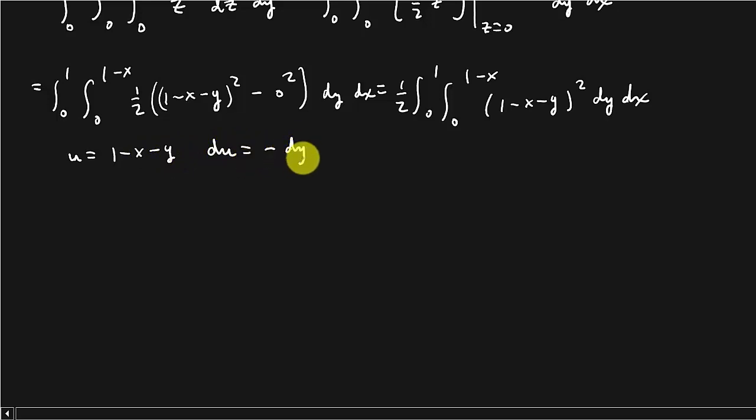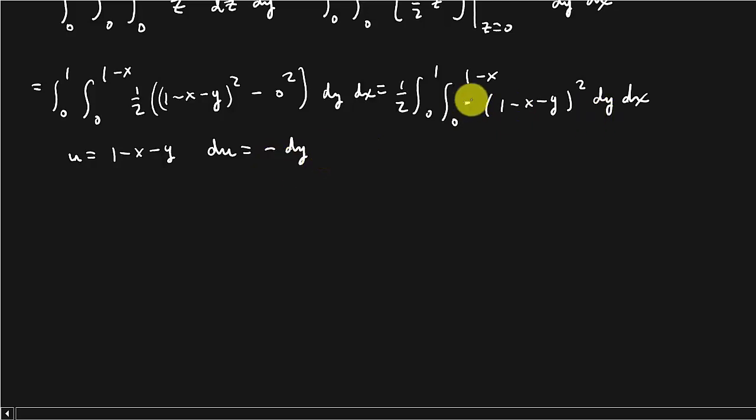Negative dy. All right, because remember when we're taking the derivative with respect to y, everything else is like a constant. So this is just -1 dy. Okay, and you can see when I go to replace this with u, I would have u squared, and then I would need a negative here because I've got a negative dy. You see that?